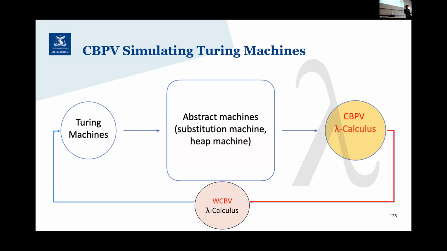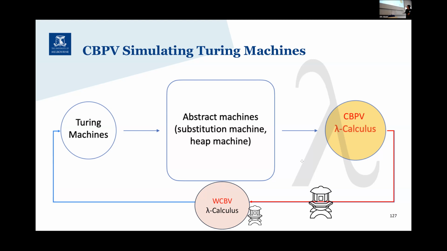The left part has been done, as I mentioned before: Forster, Kunze, and Roth showed in 2020 that weak call by value lambda calculus is reasonable. The direction for us to do was from call by push value lambda calculus to weak call by value lambda calculus.